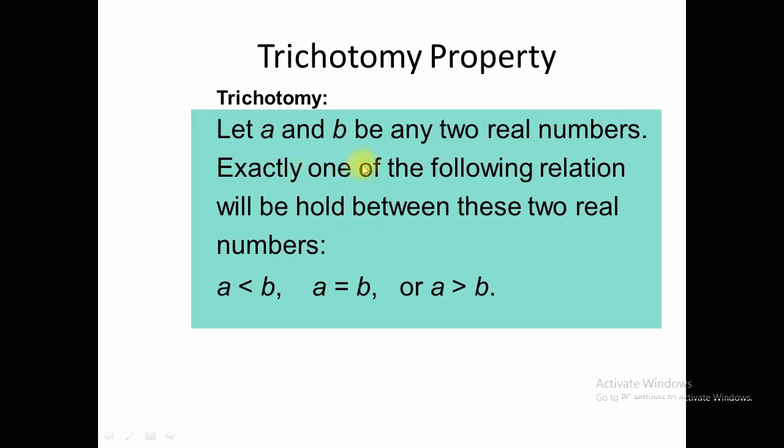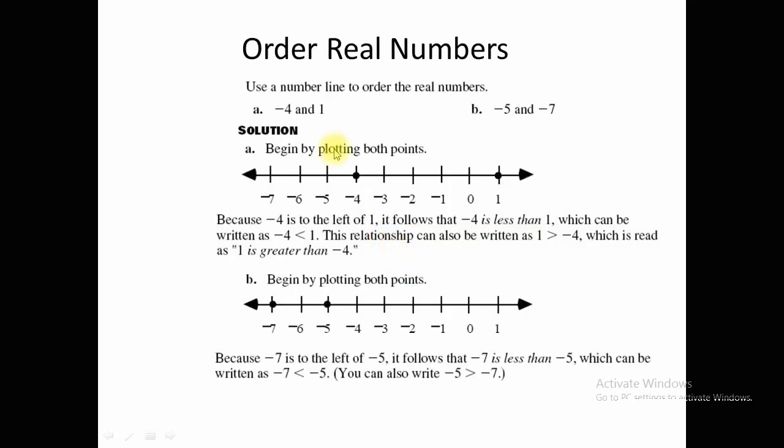For example, if A and B are any real numbers, then A will be less than B, or A will be equal to B, or A will be greater than B. This is called the trichotomy property of real numbers.